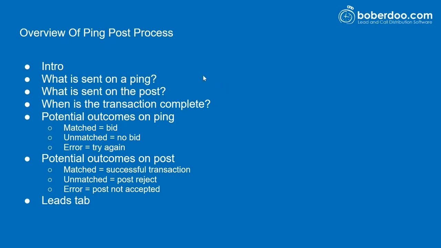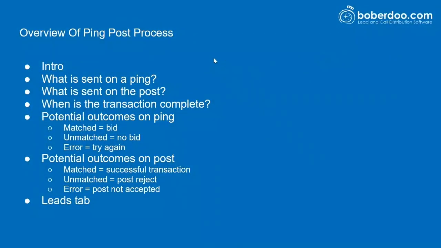In terms of what is sent on a ping, that is going to depend. It depends on the vertical, it depends on the vendor, and it depends on what the buyer requires. In many lead types, there are pretty consistent requirements as far as what is pinged across, but in other verticals, it is much more variable.